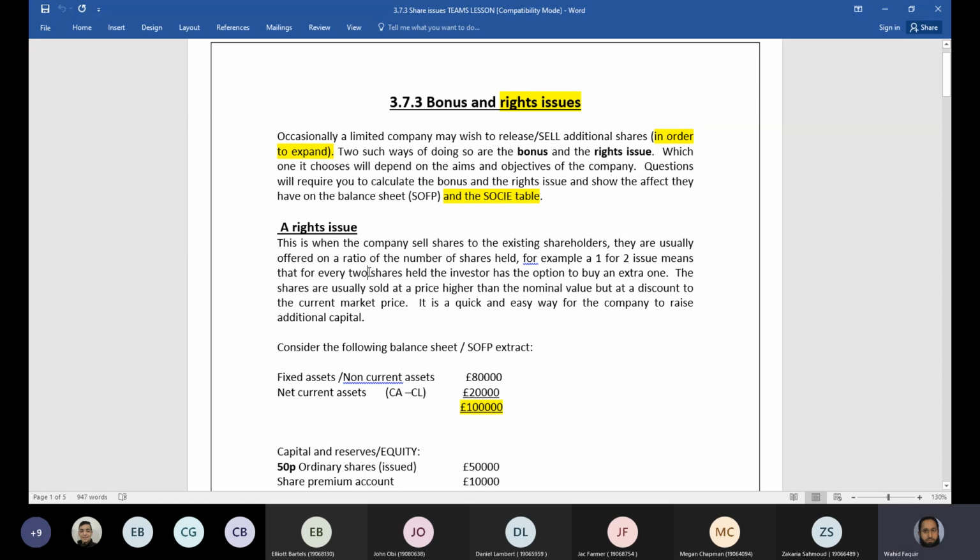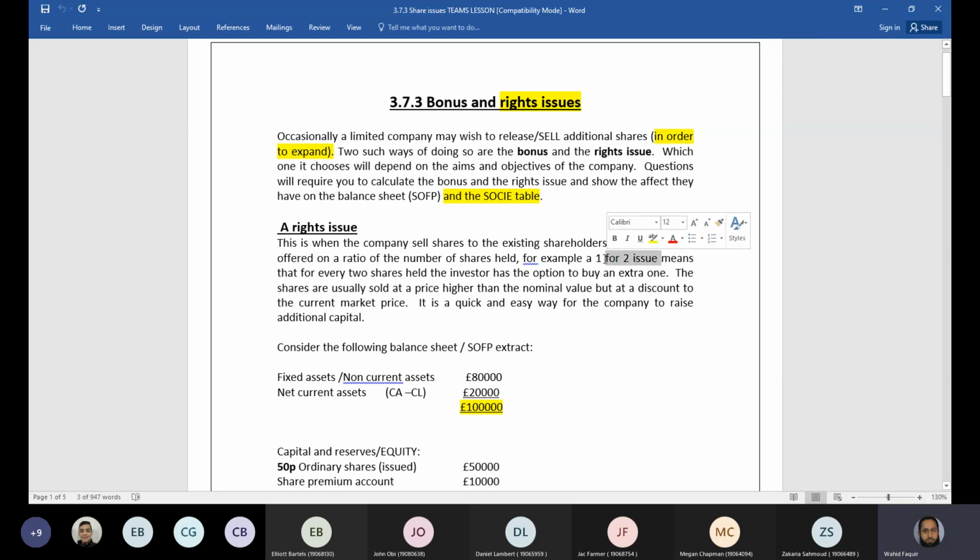Now, if you read those words carefully, are you happy with what it means? Does that make sense? 1 for 2.